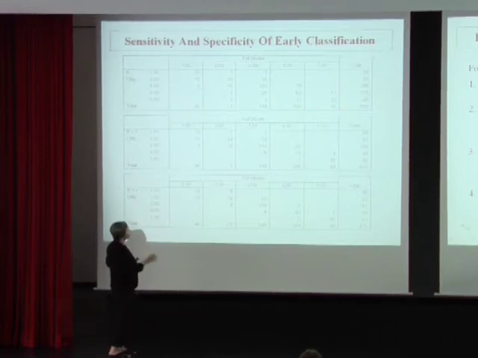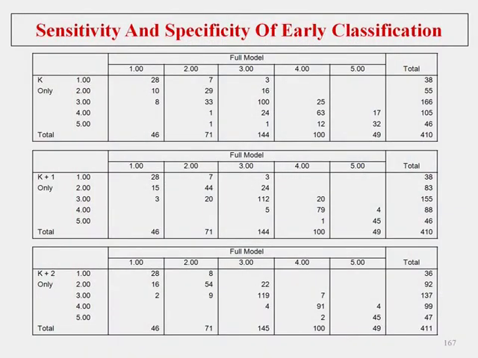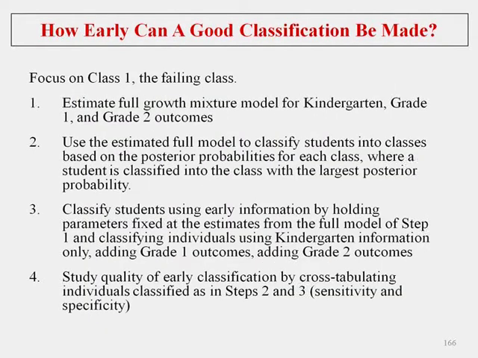So that's the first step, is to get most likely class membership. Then the next step is to take the parameter estimates from that full model, but fix the estimates from the full model of step 1 using only kindergarten information.